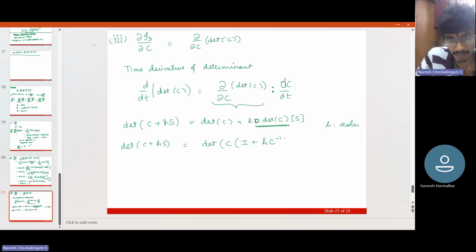So what we are trying to do is derive this using some Taylor's expansion or something similar from det C. So the determinant of a product of two tensors is the product of the determinants. It is det C multiplied by det of I plus h C inverse S.